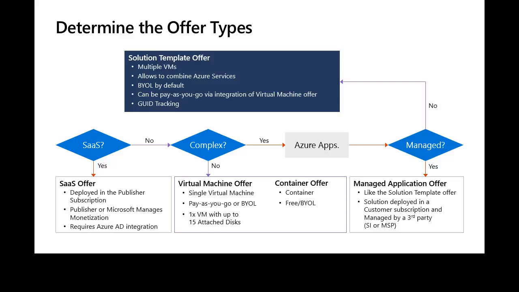Okay. Now, when we start moving into things that are a little bit more complex, the multi-tier based solutions, you have two flavors. You will have what we call the solution template offer, which is basically multi VM, multi-service, and allows you to combine multiple Azure services as part of that solution, delivered to the customer via the same interface that you will have in the Azure portal.